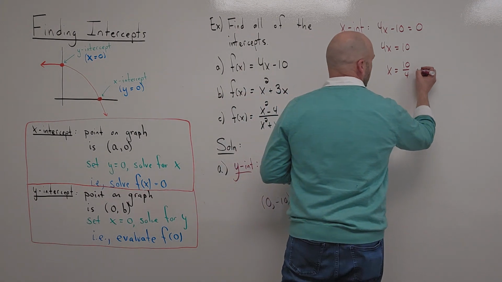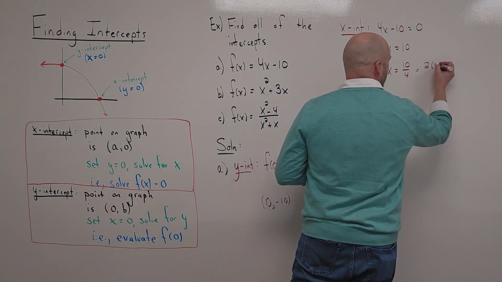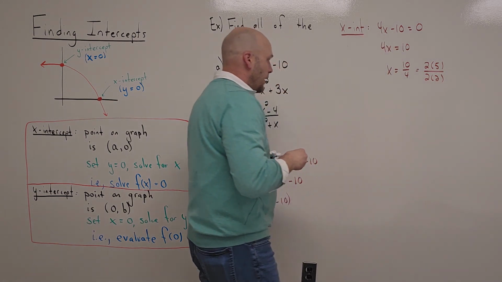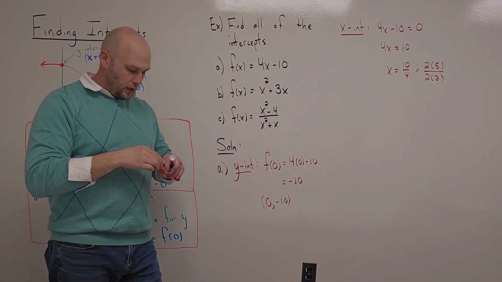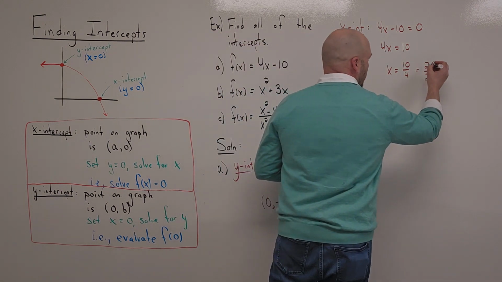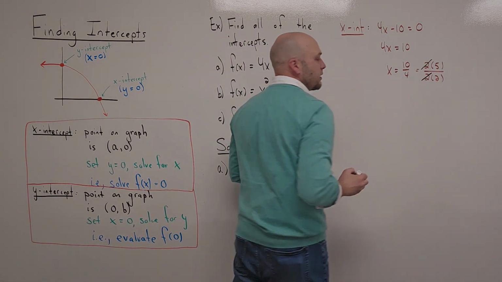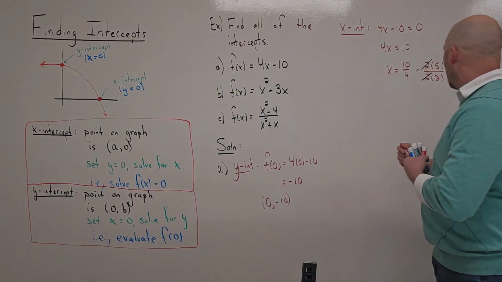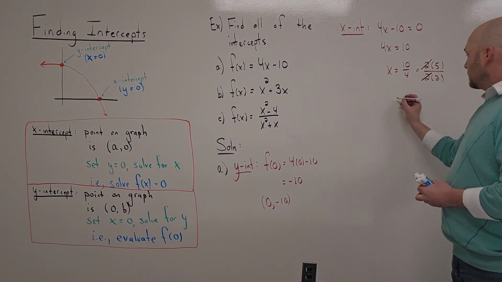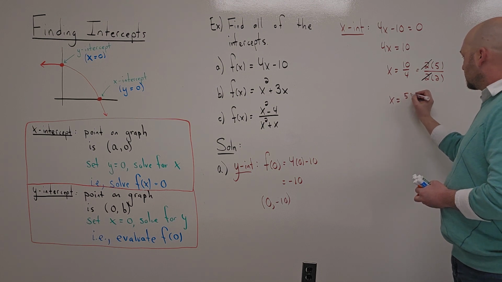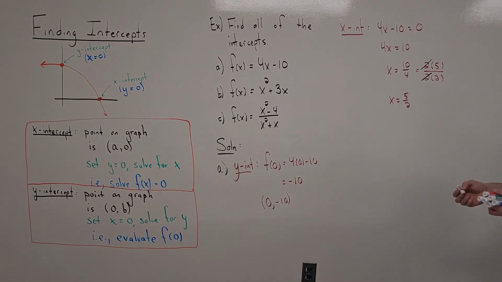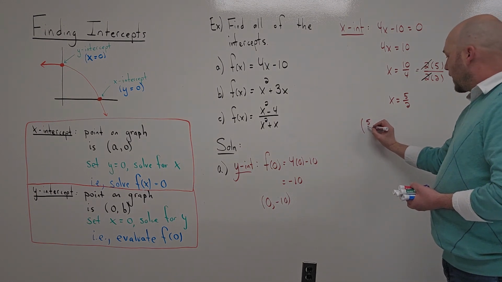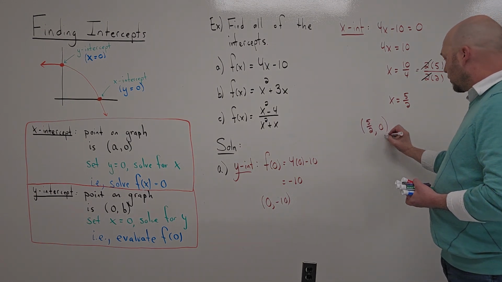That says I can write this as 2 times 5 divided by 2 times 2. Common factors cancel, so I can get rid of the 2 in the numerator and one of the 2's in the denominator, giving me the x coordinate of 5 halves. Therefore, the x-intercept for part A would consist of the point 5 halves, comma, 0.